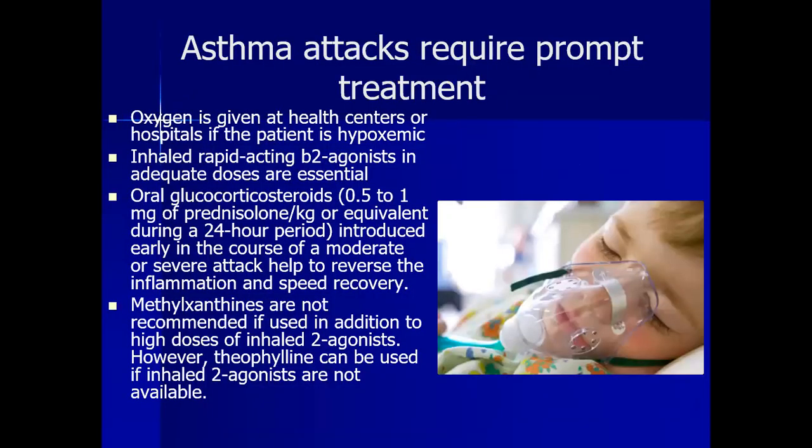Asthma attacks require prompt treatment. Oxygen is given at health centers or hospitals if the patient is hypoxemic. Inhaled rapid-acting beta-2 agonists in adequate doses are essential. Oral glucocorticosteroids, 1 mg/kg of prednisone or equivalent during a 24-hour period, introduced early in the course of a moderate or severe attack, help to reverse the inflammation and speed recovery.